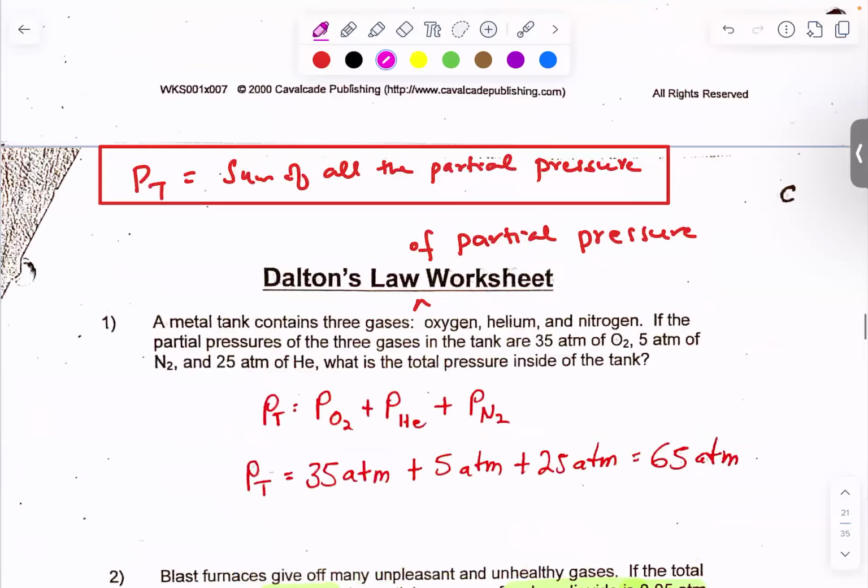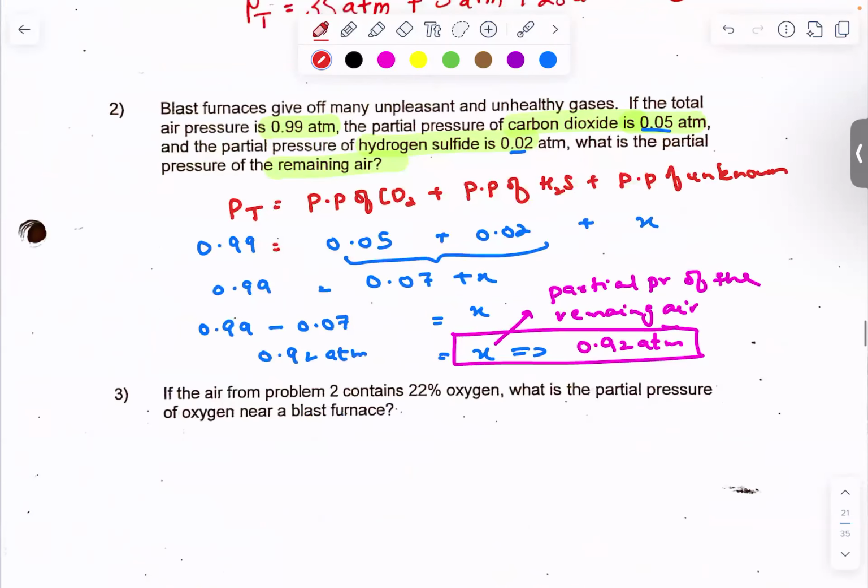So PT equals the sum of all of the partial pressures. So PT for question 2 was, what did it say it was for question 2? It was 0.99. And it's saying that if the air from problem two contains 22% oxygen, what is the partial pressure of oxygen near a blast furnace?